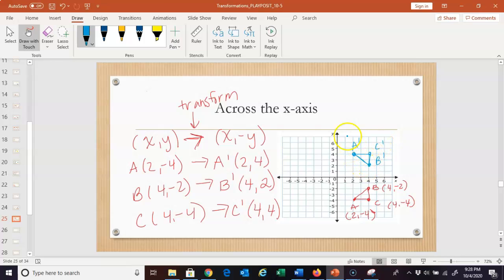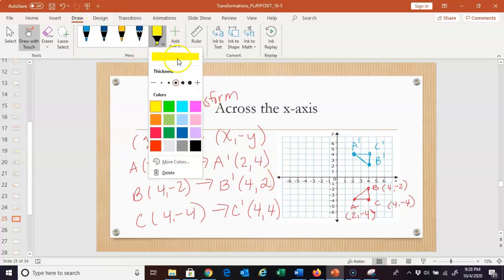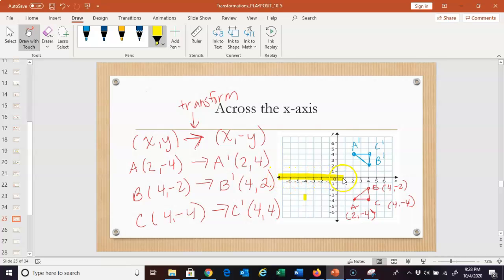You can see, I'm going to grab my highlighter. Here's the x-axis. We took this entire red shape and plopped it over that x-axis, so it reflected upwards. It went from quadrant 4 up to quadrant 1.